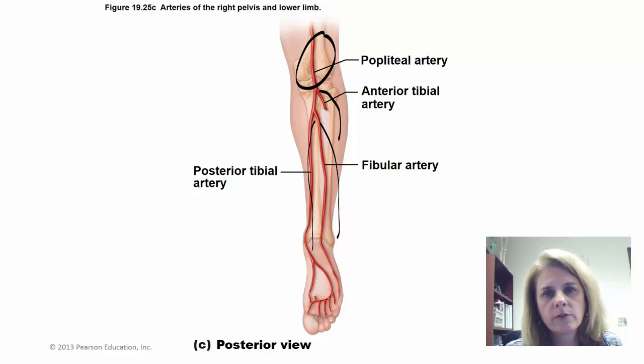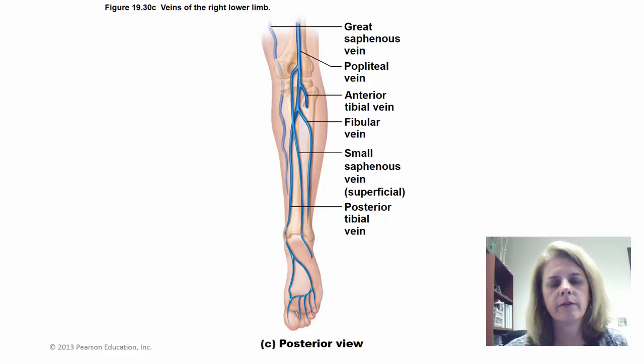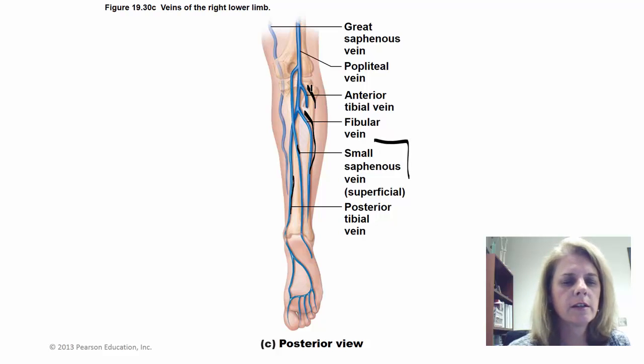So I'm going to use a mixture of models and images for your exam. I mean, we just don't have models that are good enough to show everything, so you'll see a nice mixture of diagrams and models for the lab test. As blood is going back to the heart, you have your posterior tibial vein, you have your small saphenous vein here, you have your fibular vein, your anterior tibial vein, your popliteal vein, and then this is your great saphenous vein.